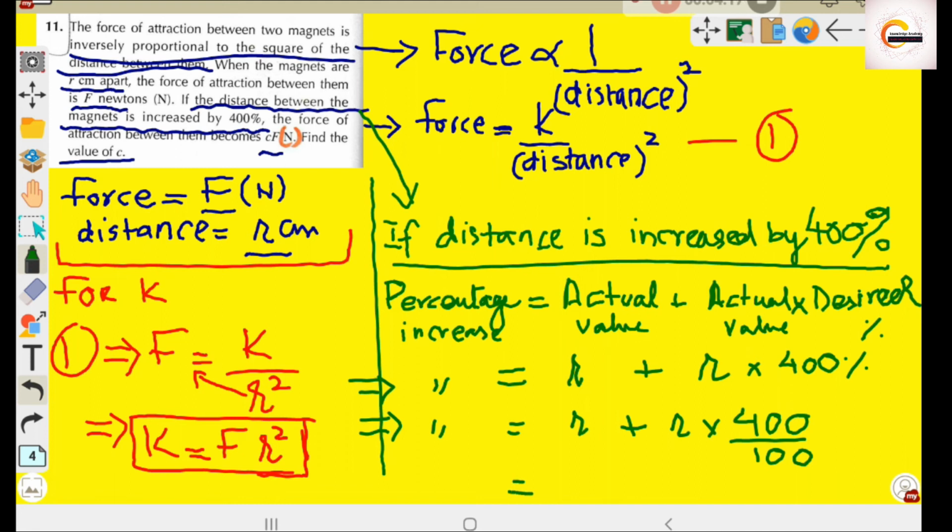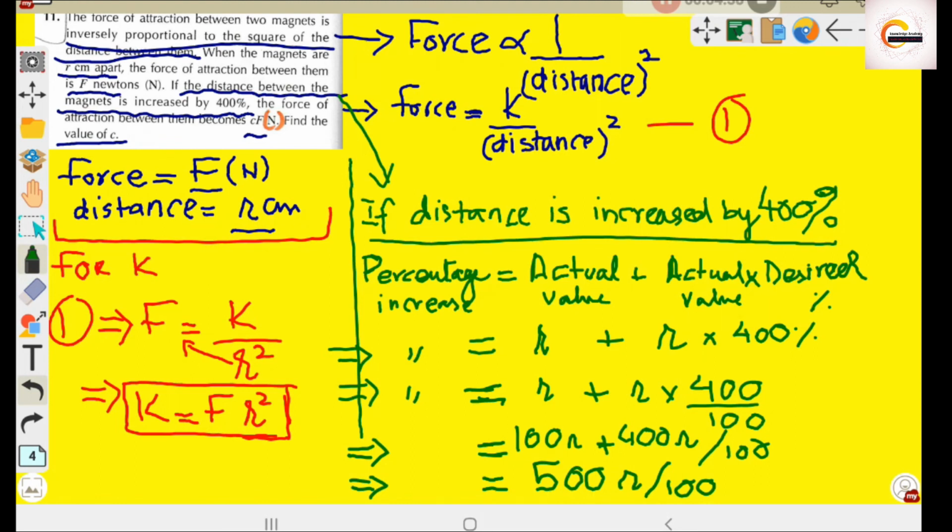Further, taking LCM, this will become 100 R plus 400 R upon 100. That is 500 R upon 100, zeros cancel, and the answer will be 5R.